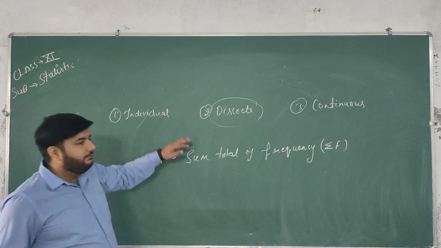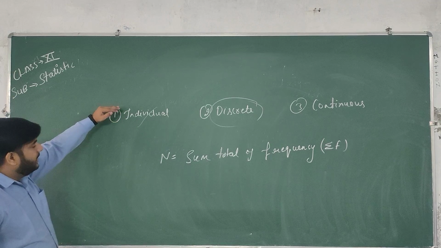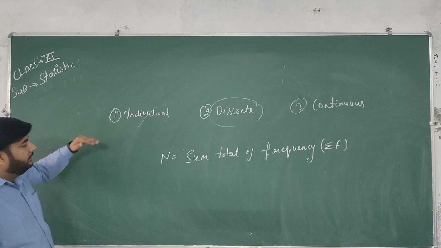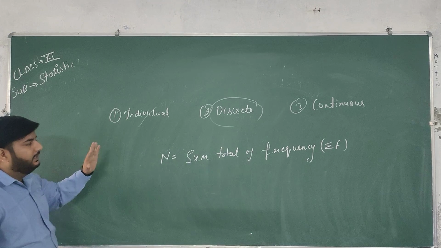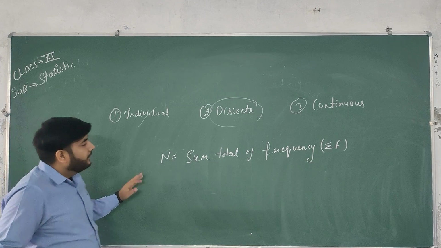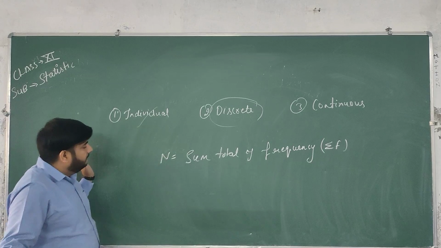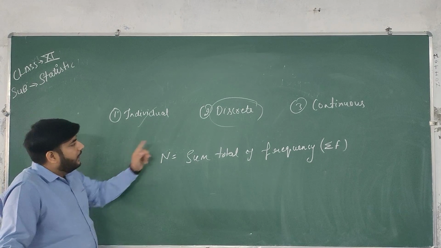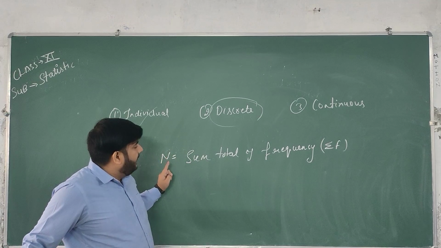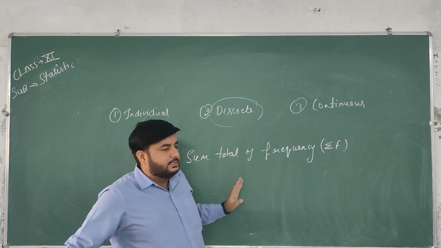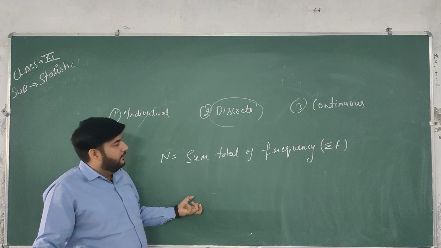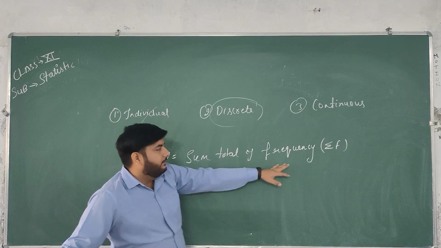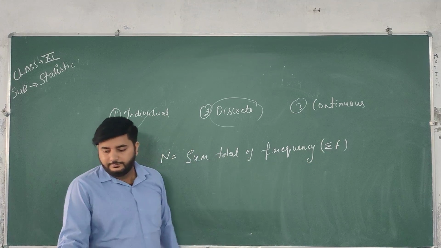Until now in individual series we counted all the number of items given, 1, 2, 3 up to 10. So in individual series the value of N is 10, but now in discrete series the value of N is the sum total of the frequencies. We total the frequencies given to us, so that is N, which is denoted by sigma f.